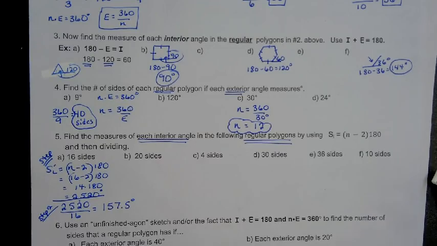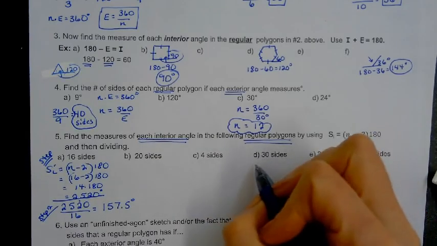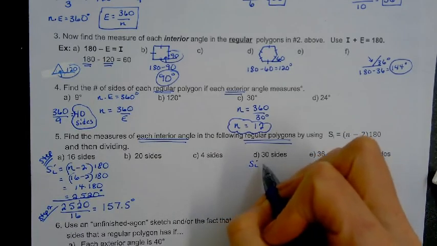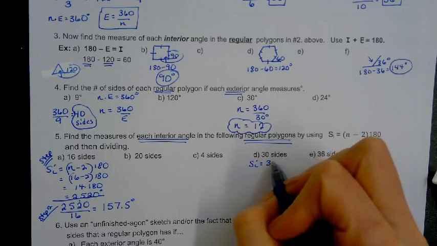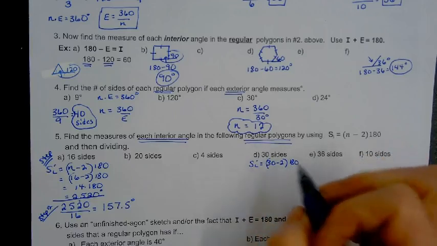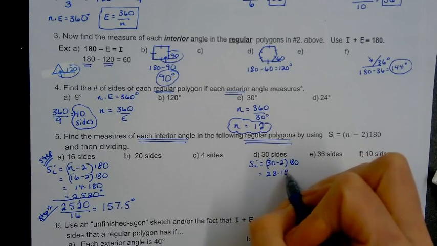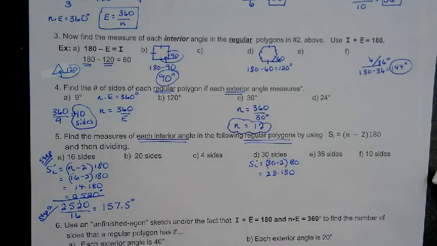Okay. Next one. I'll do 30. The interior angle sum will be 30 minus 2 times 180. So that is 28 times 180.